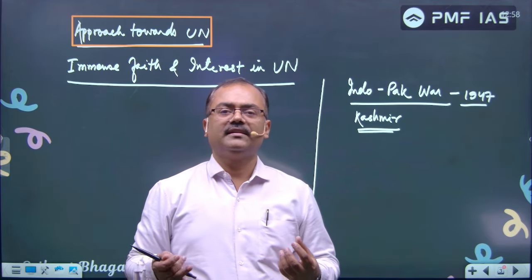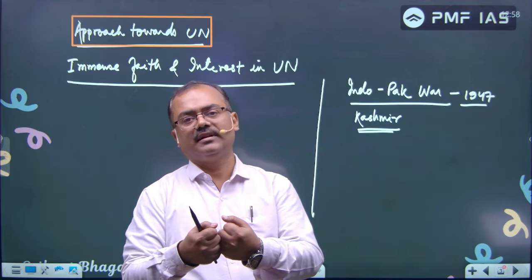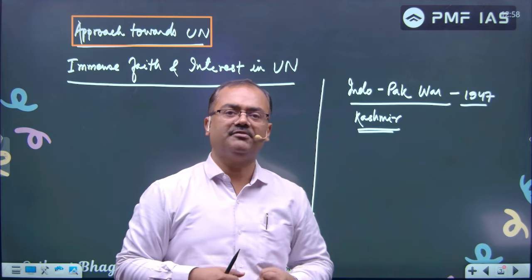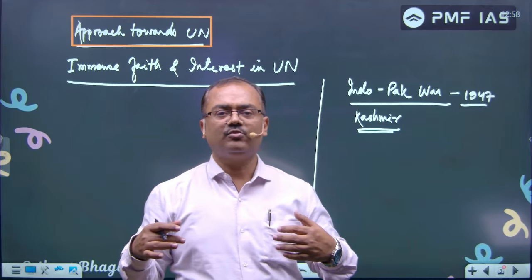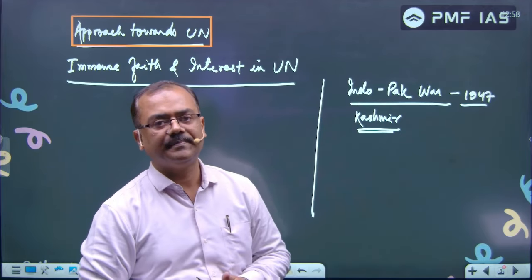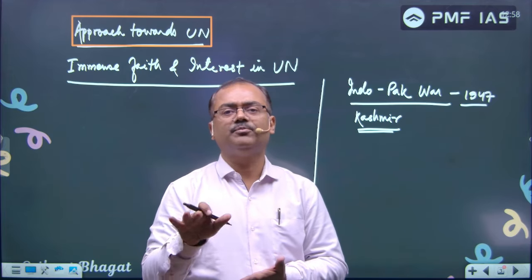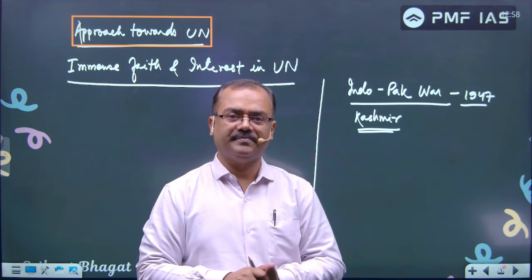He wanted that despite signing the instrument of accession, he should have some special status, special power. He was not interested in surrendering his Raja's aura and status. So he wanted to bargain, and he was delaying the process of signing the instrument of accession.